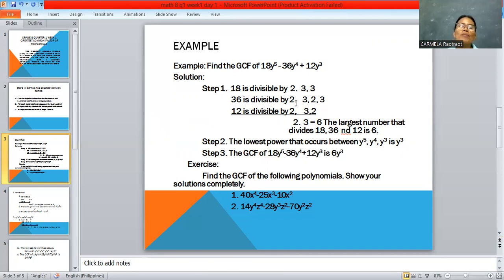So what is common to all three is 2 and 3, and we multiply 2 times 3, that is 6. So 6 is the largest number that divides 18, 36, and 12. Are you following?